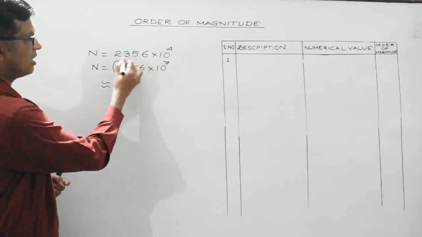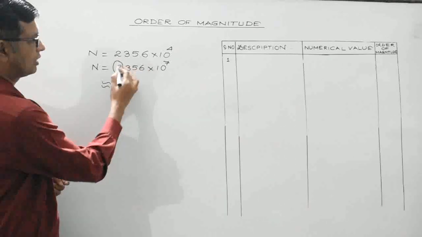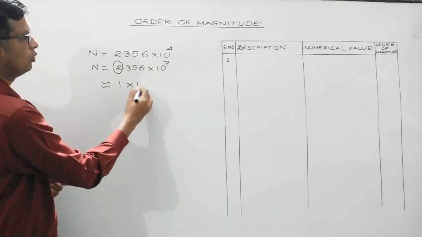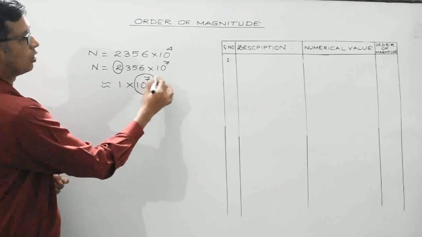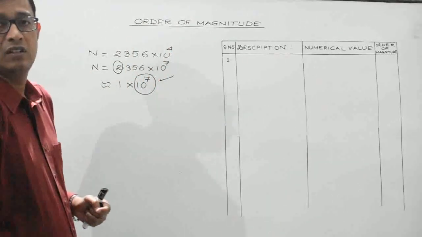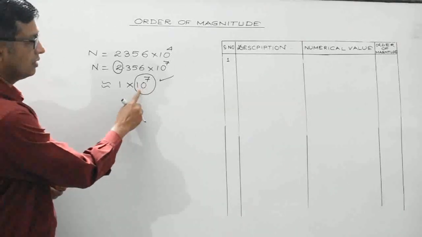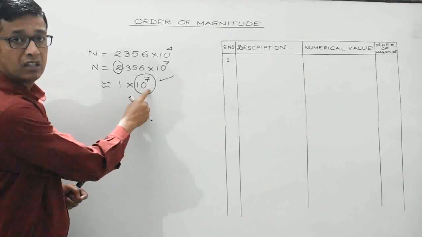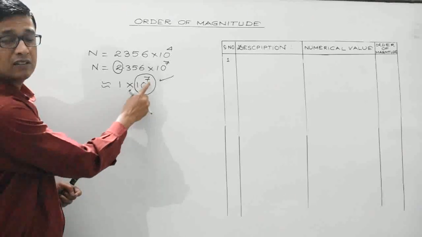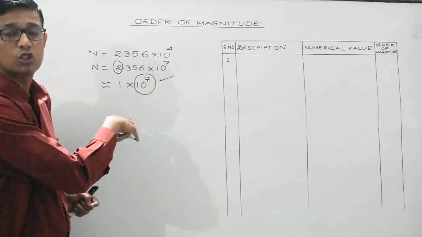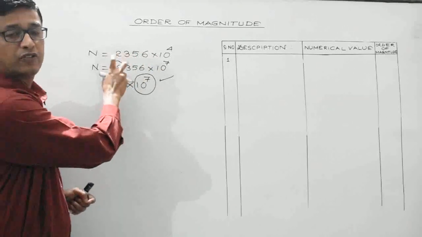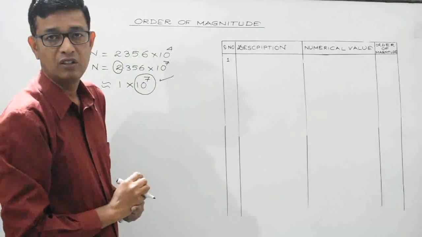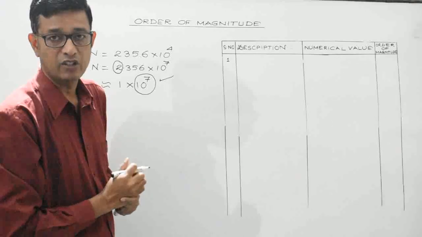The entire numerical value can be considered to be 1 into 10 raised to the power 7. So this becomes the order of magnitude. This is the result in terms of powers of 10, and it gives an approximation of the actual numerical value of the physical quantity under consideration.